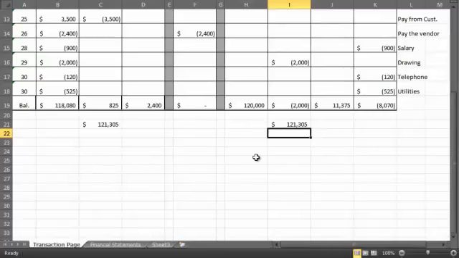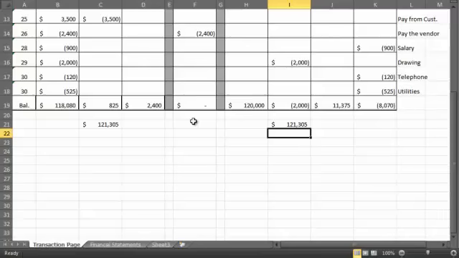And looky there, it adds up to $121,305. At this point, we can say we at least have put two account transactions that balance each other out on the actual accounting equation of assets equal liabilities plus owner's equity.